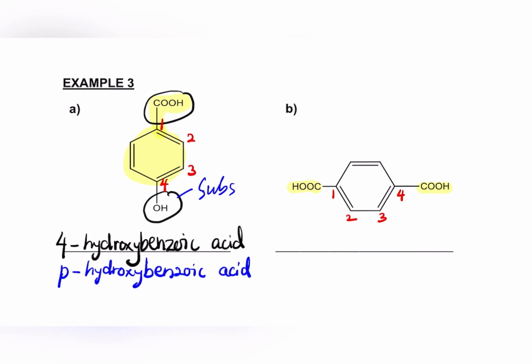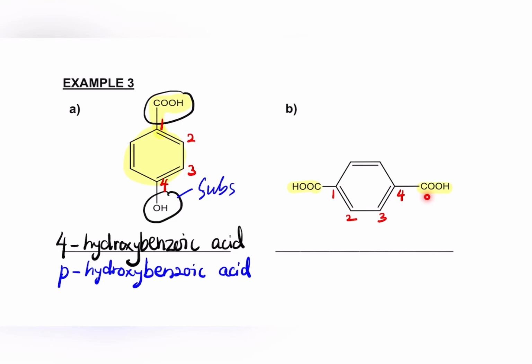As you know, we are going to focus on the most priority group, where in this case, you cannot use it as benzoic acid because benzoic acid has only 1 carboxyl group attached to the benzene. But in this case, you got 2 carboxyl groups. So how do you give the name for this one?